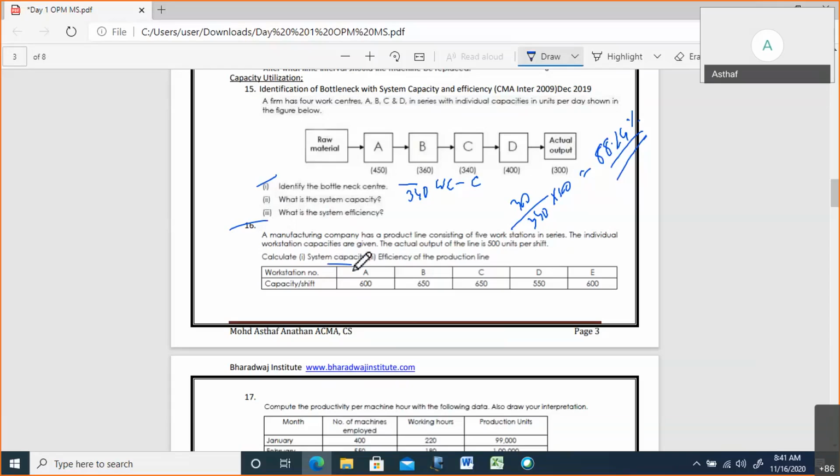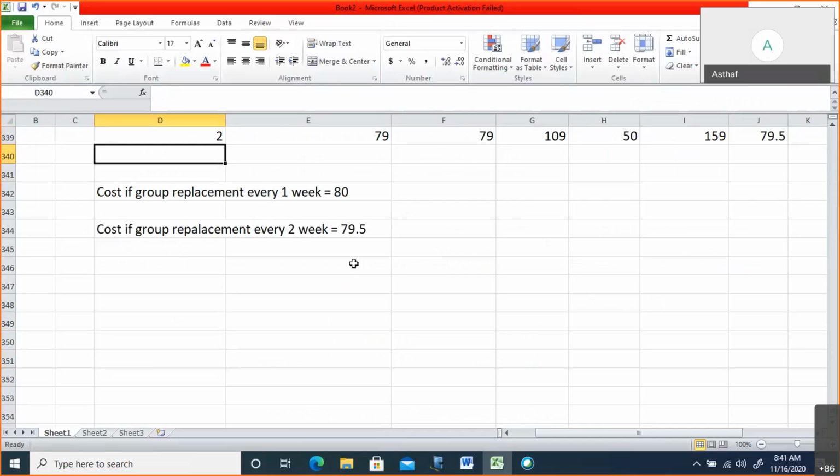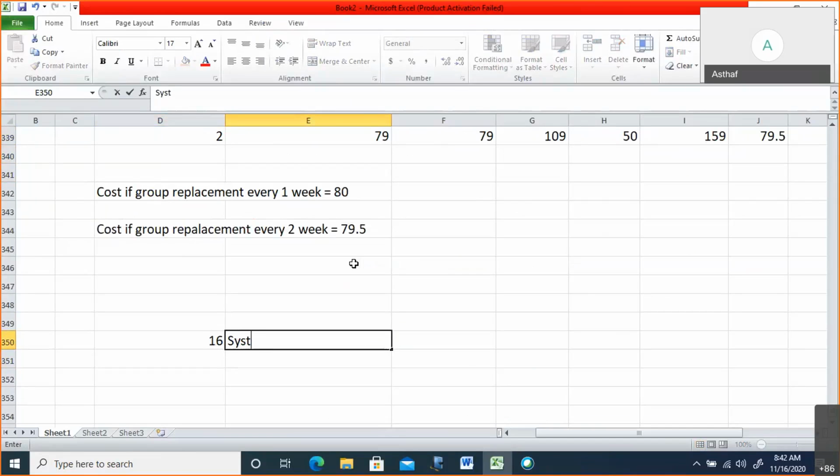They were asking system capacity. So system is what?